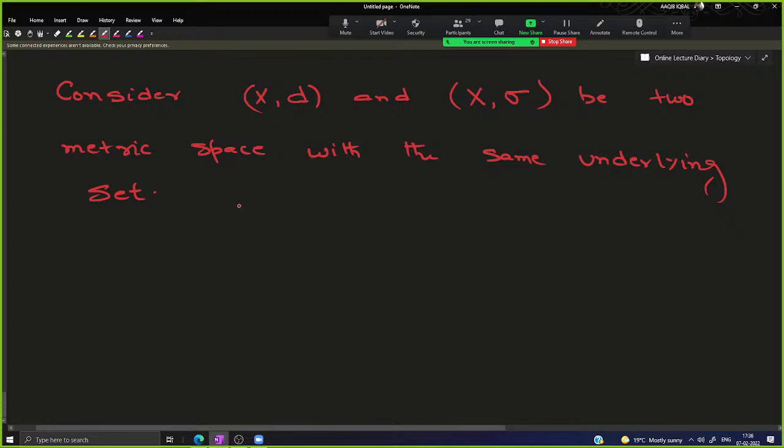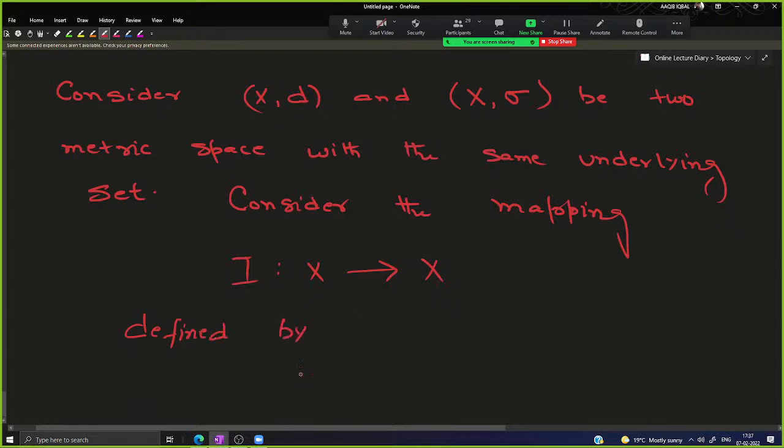Full stop. After this, consider the mapping. Consider the mapping I, capital I, from X into X, defined by I of x, the image of a point little x in capital X under I, is defined to be x.